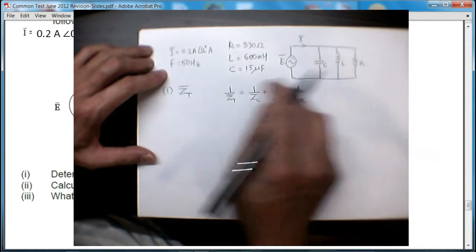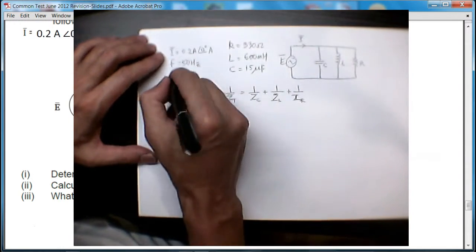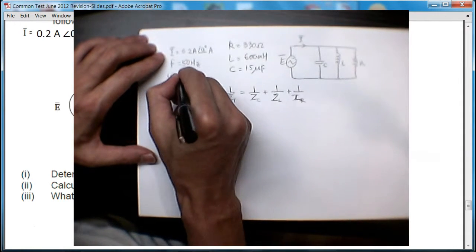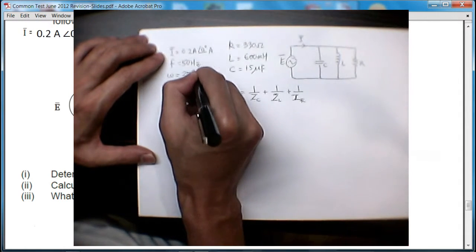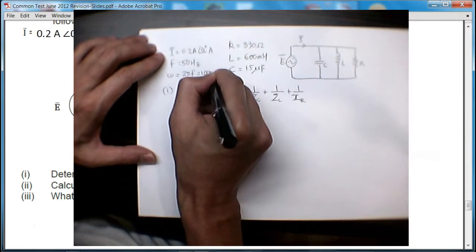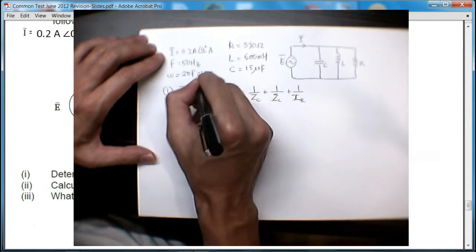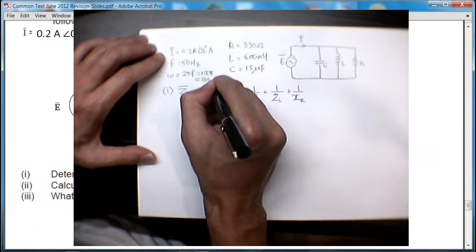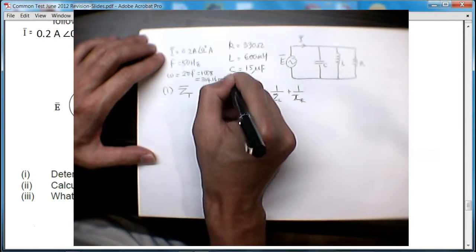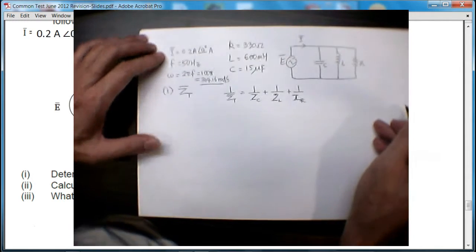Now, if the frequency of the supply voltage is 50 Hz, then we know that the angular velocity 2 pi f is equal to 100 pi radians per second, or 314.16 radians per second.